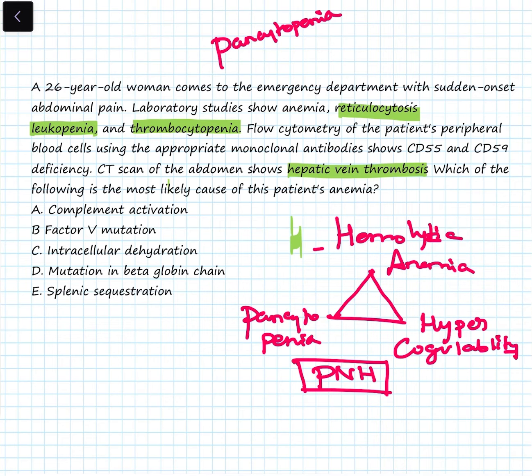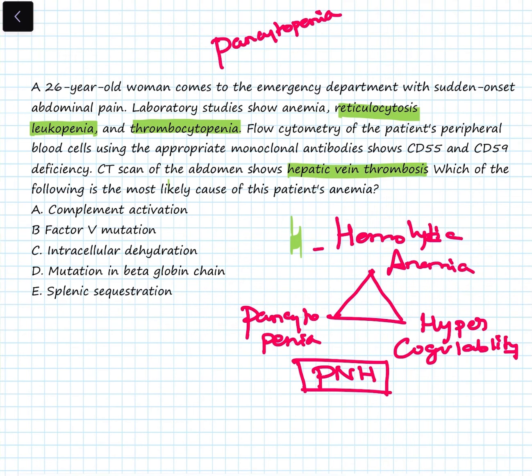Usually patients with PNH will have this kind of presentation, and typically they do have CD55 and CD59 deficiency. We'll look at the options for the patient's anemia and see which is the right option here.